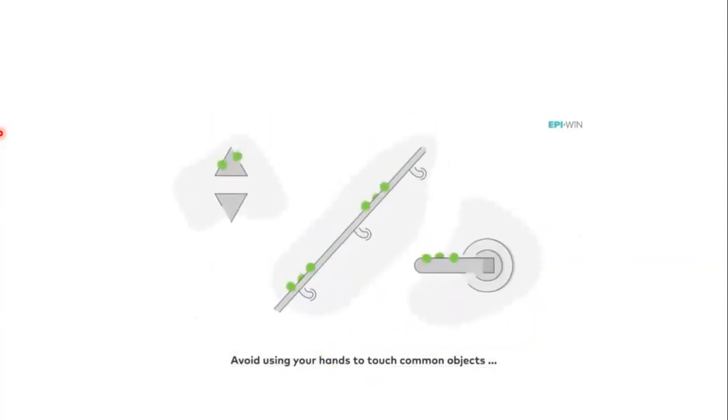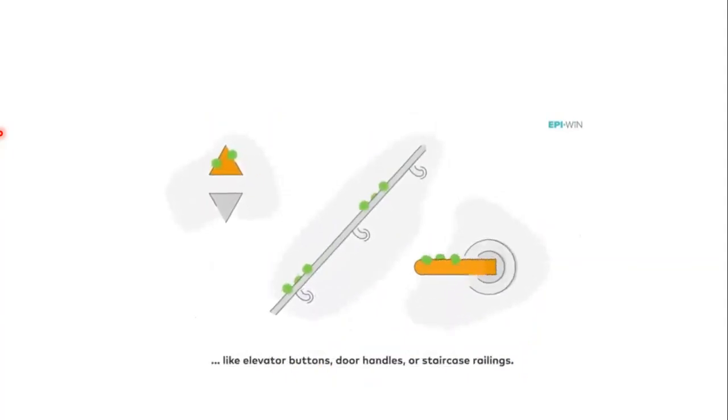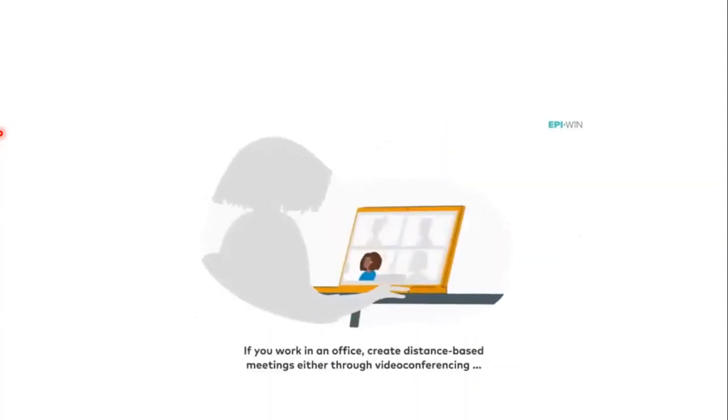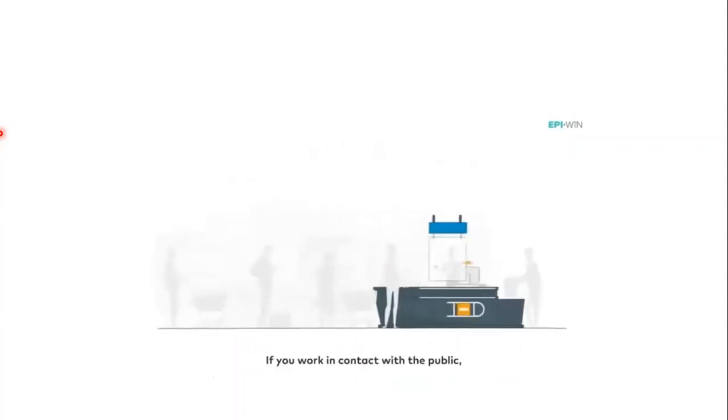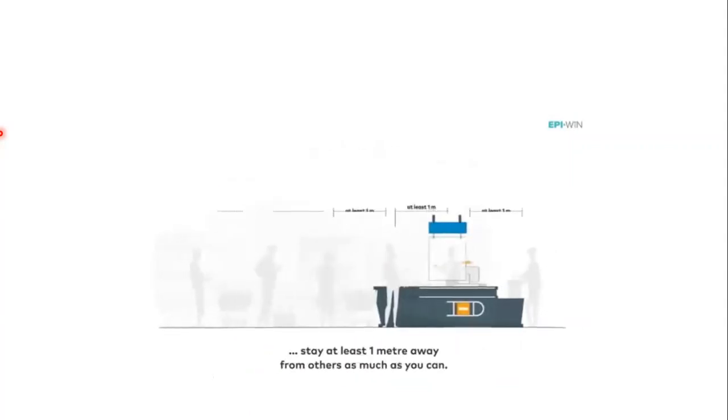Avoid using your hands to touch common objects like elevator buttons, door handles, or staircase railings. If you work in an office, create distance-based meetings either through video conferencing or by maintaining at least 1 meter space between people in the same room. If you work in contact with the public, stay at least 1 meter away from others as much as you can.